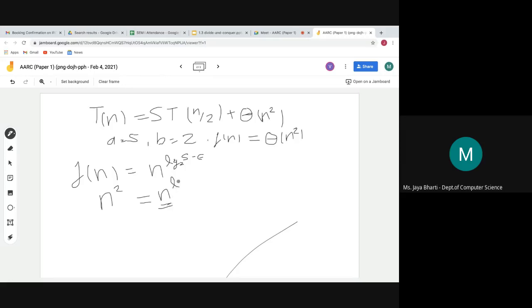So because this is bigger, तो जो भी हमारा bigger side होगा that will be the answer. Okay, so this value will be the answer. So the T of n value will be theta of n to the power log a base b. तो a की वैल्यू हमारी 5 है और b की वैल्यू हमारी 2 है. So this is the answer.